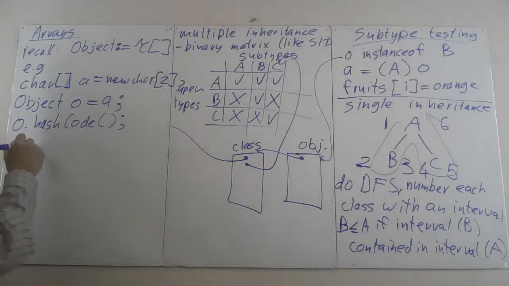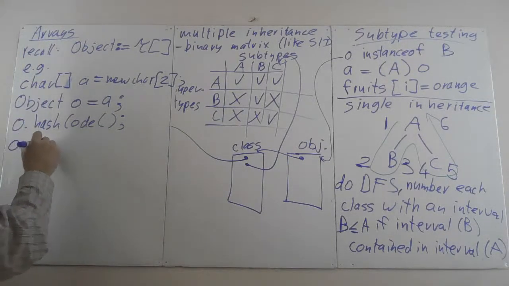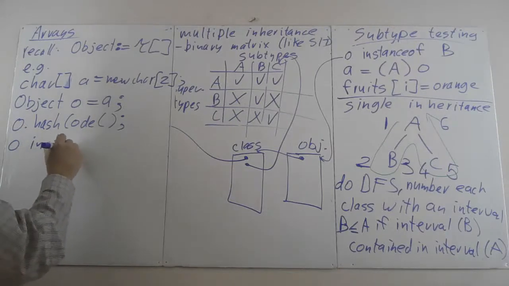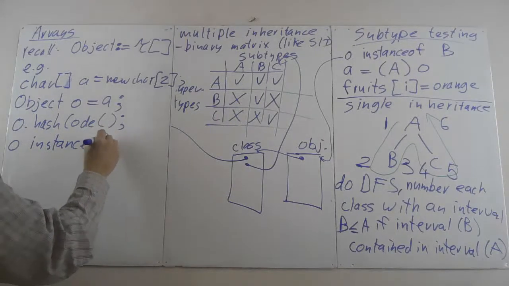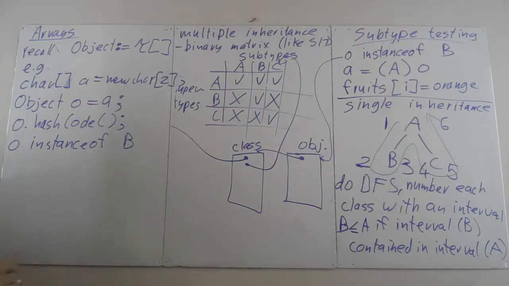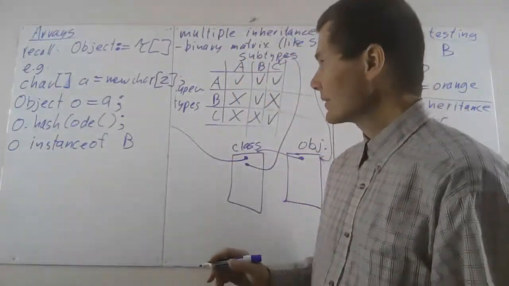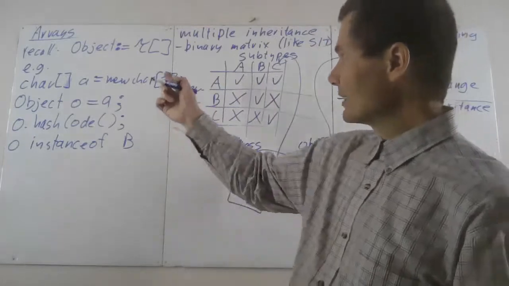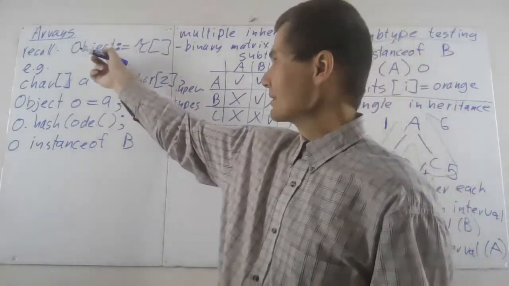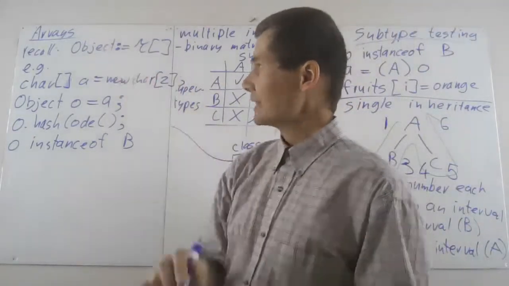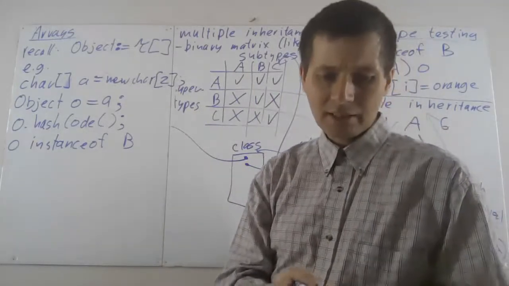And similarly, once it's an O, I can ask, is it an instance of some class B? Okay. So all right, the point is, I can take an array and assign it to an object type.